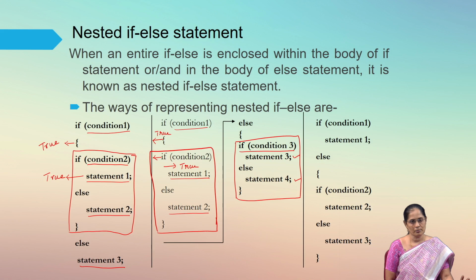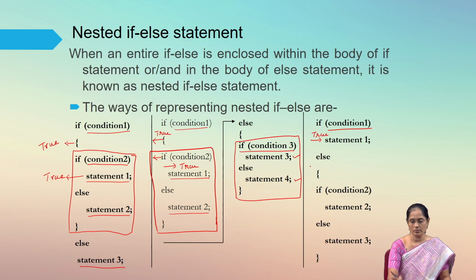The second way of representation is, if the condition becomes true, we are enclosing one if else block. If the condition becomes false, we are also enclosing one more if else block. So, this is the second way of representing the nested if else statement. There is a third category wherein we are checking condition 1. If condition 1 is true, we just execute statement 1 and do not check any additional conditions.